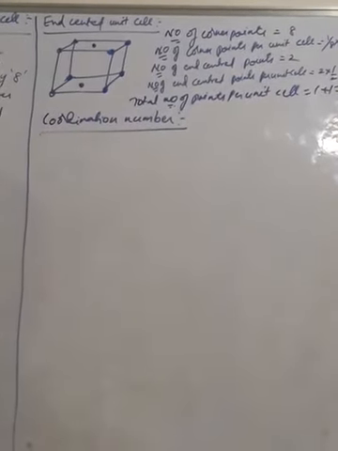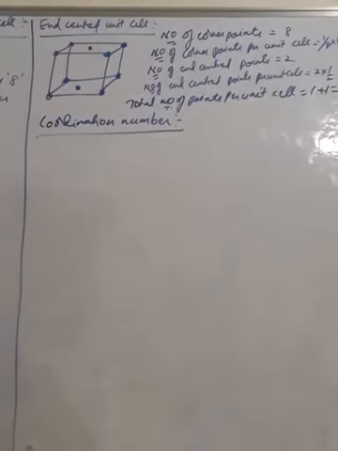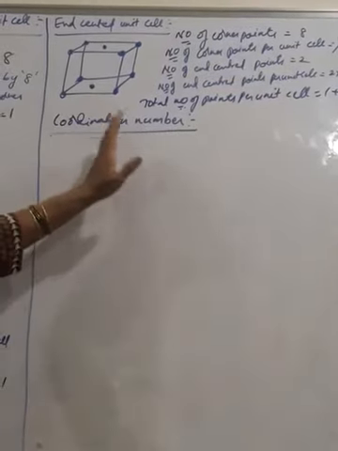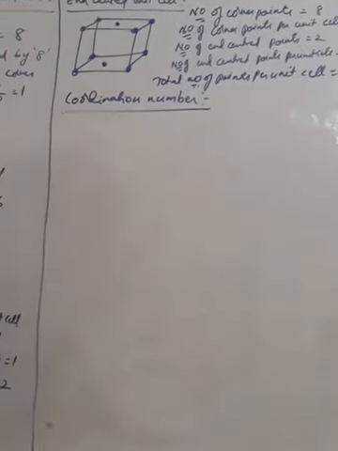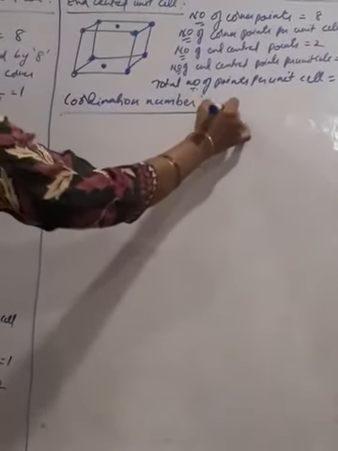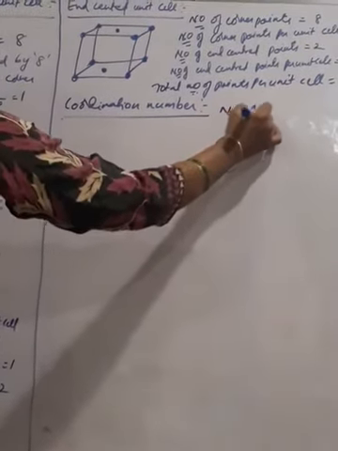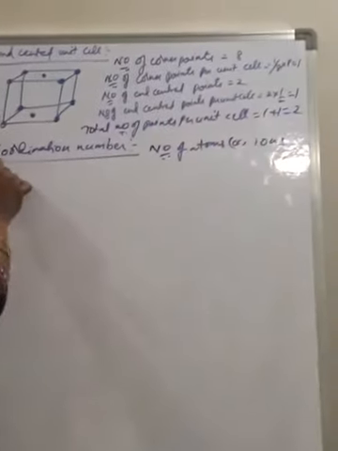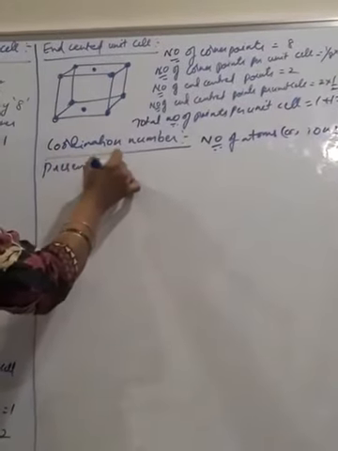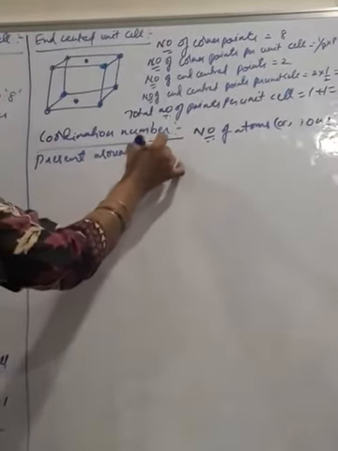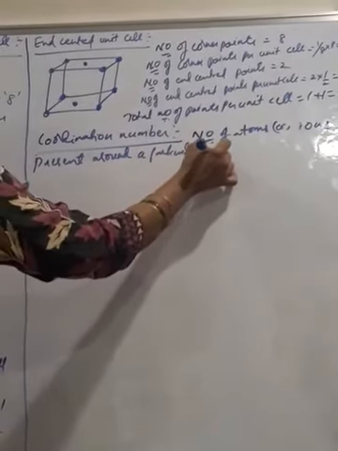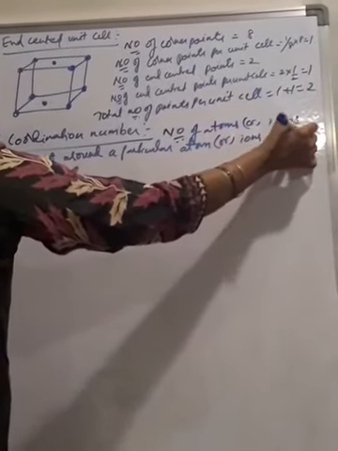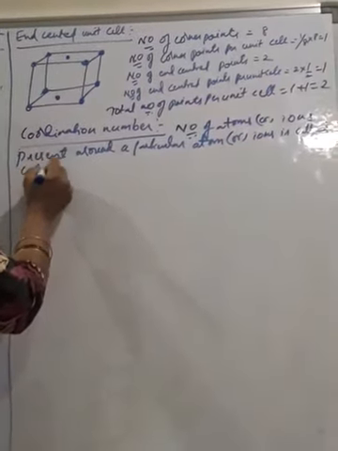So the number of nearest neighboring atoms or ions present around a particular atom or ion is called the coordination number.